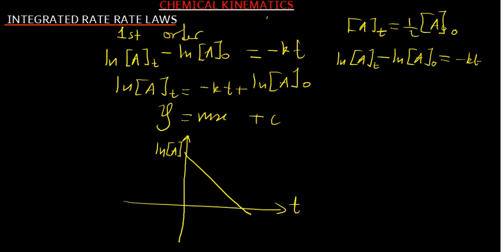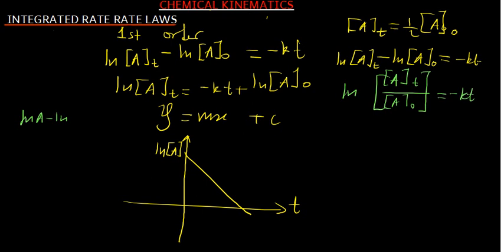Now, when you have natural log of a minus natural log of b, it can also be written as natural log where what is starting will be a, and then the other one which is coming second is going to be b, in the denominator. And so same with what we have here. So we are going to have natural log of the concentration at a certain time on top, divided by the initial concentration, and this should be equal to negative kt in that manner.